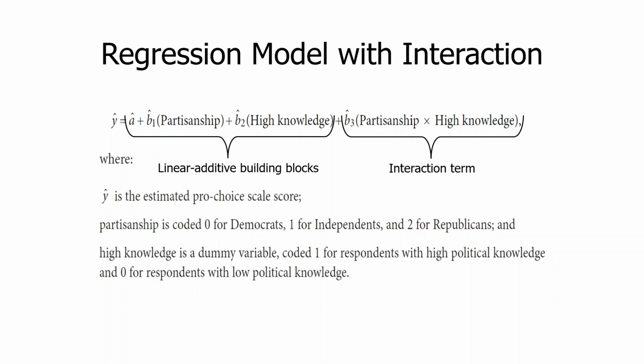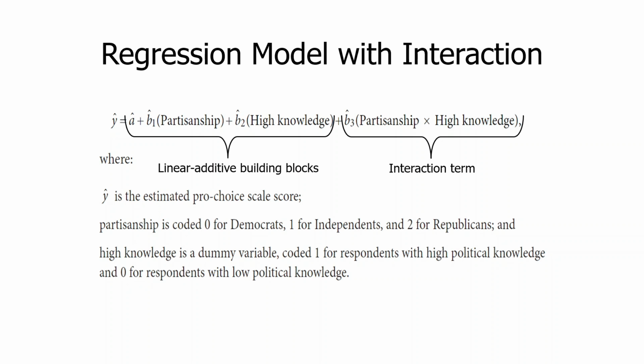So the base value captured by A hat is going to be the scale score for low information Democrats. Now, in fact, for all low information respondents, we can use these linear additive building blocks to figure out the effects of first partisanship among low knowledge individuals, and then the base effect of the high knowledge dummy.